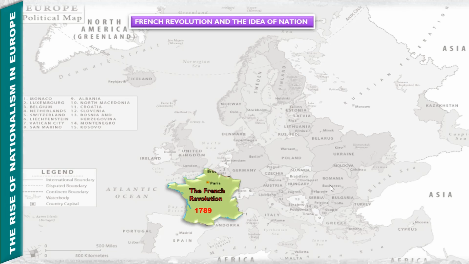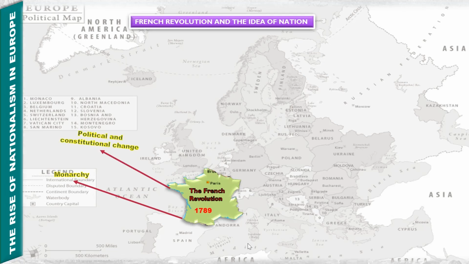Coming to the second concept in the textbook, the French Revolution and the idea of the nation. The first clear expression of nationalism came with the French Revolution in 1789. France, as you would remember, was a full-fledged territorial state in 1789 under the rule of an absolute monarch.